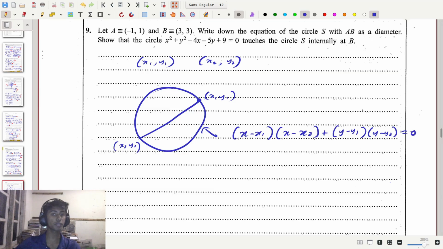This is the equation of a circle with (x1, y1) and (x2, y2) as the ends of its diameter.